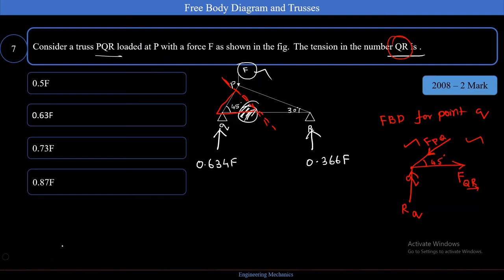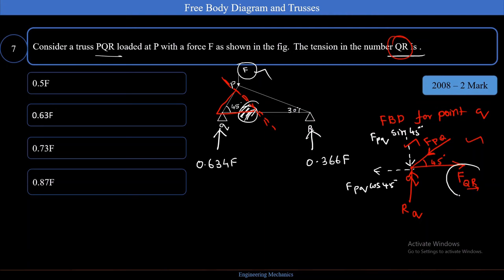So if I do the force resolution, what I will get here is, in this direction I can say this is my F PQ sine theta, that is sine 45, and in this direction I will get my F PQ cos theta or cos 45, right?